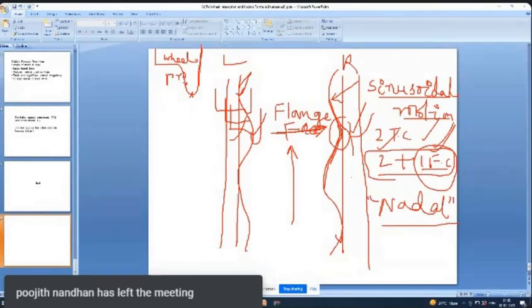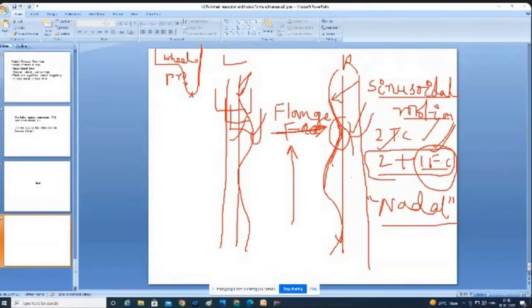Then after hitting here for a few seconds, it will not hit both the rails. Here again it is hitting, then after that it is hitting here. That means this flange force is not a continuous force. It is an instantaneous force. This flange force will act on the right rail one side, on the left rail one side, again right rail, again left rail. Like that it will keep on applying the flange force.